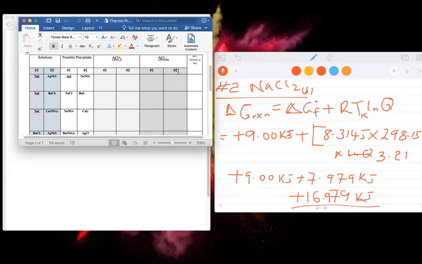And remember what we said at the beginning of the lecture or lab, that positive means non-spontaneous.